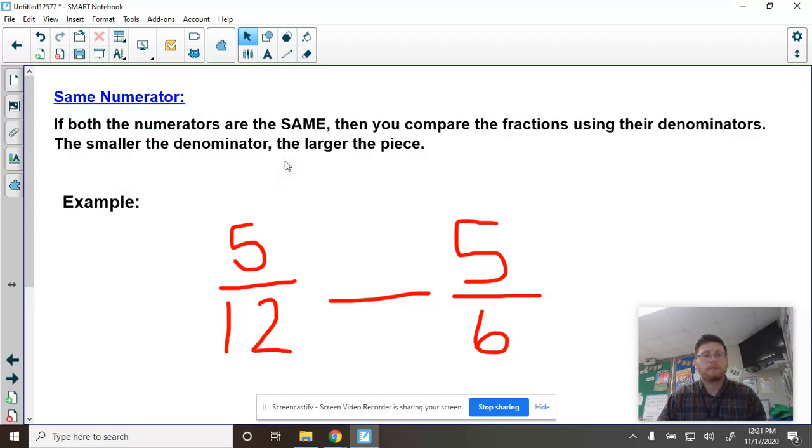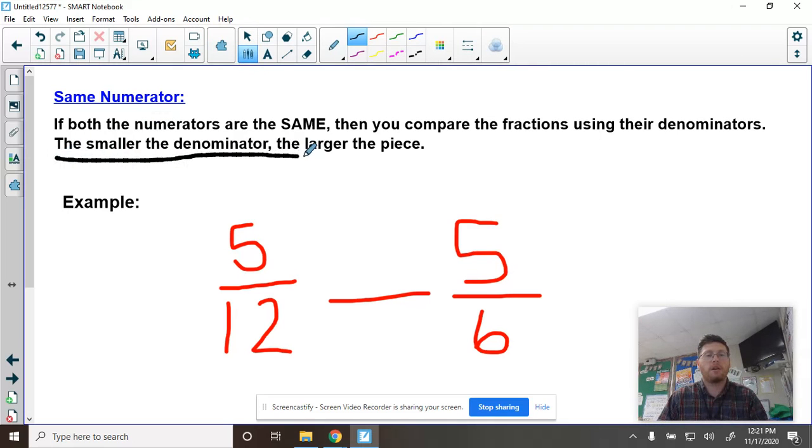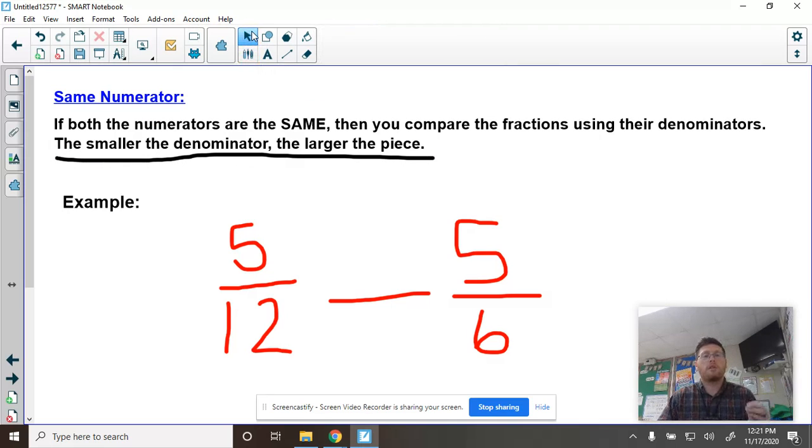Next, if you have the same numerator, our top number, if both the numerators are the same, then you compare the fractions using their denominators. The smaller the denominator, the larger the piece. So if I look at this, these both have 5 as our numerators.